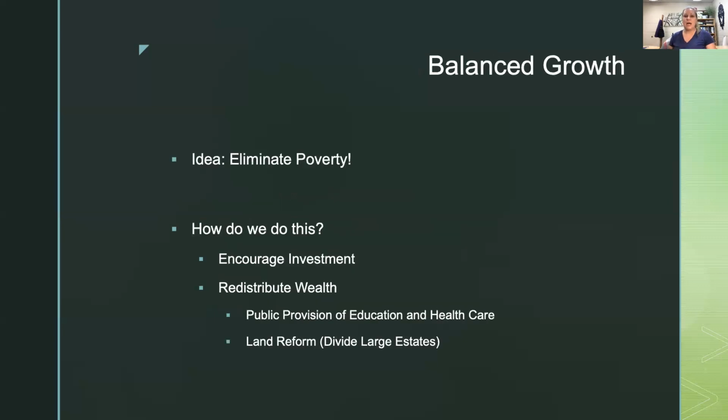So the idea behind the balanced growth strategy is to eliminate poverty. And because we believe that there is a feedback loop associated with being impoverished and not having access to ways of limiting the number of births that a family has.